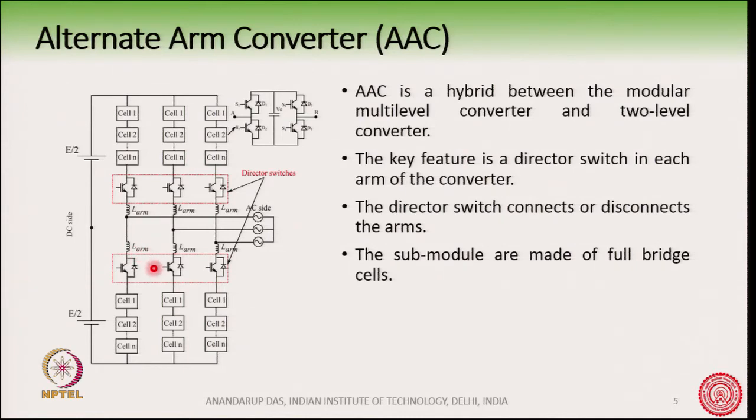However, there is an additional component here which is called the director switch. In this figure we have shown the director switch as a single IGBT, but in practice it is a series connection of several IGBTs. So, this is the key feature of an alternate arm converter. The function of the director switch is to connect or disconnect the arms.